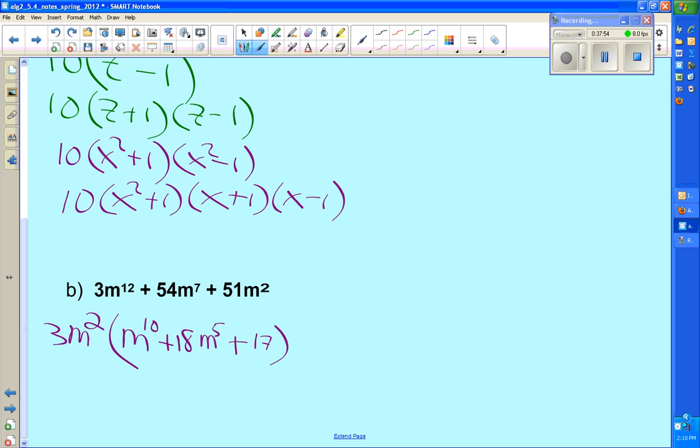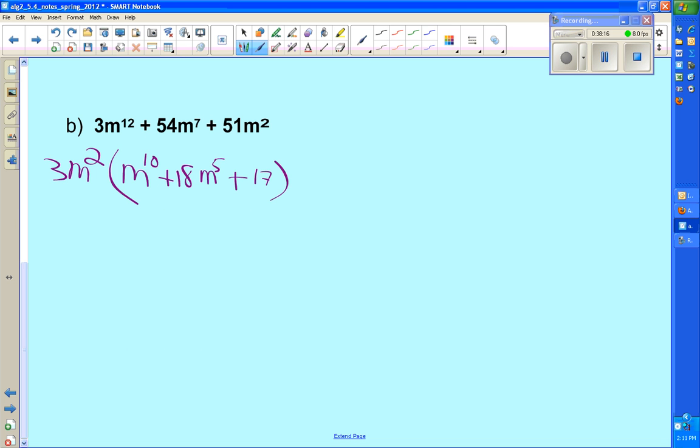Now, again, in this problem, you are more than welcome to recognize that you could let z equal m to the 5th. Because this is 10 and this is half of 10, this is going to be in quadratic form. But without putting the z's in, we can just treat it the same way as we would if it were a quadratic.